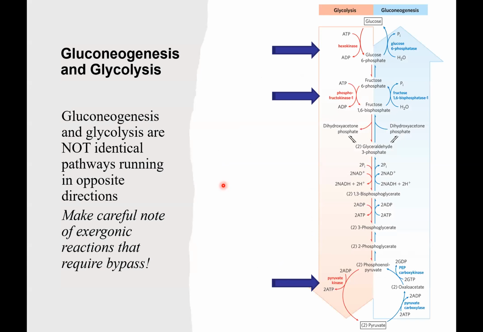So here is the whole shebang, gluconeogenesis and glycolysis. So as already noted, it is very important to recognize that these are not just identical pathways running in opposite directions. And here in this figure are clearly identified the three exergonic reactions in glycolysis and the reverse strategies on the part of gluconeogenesis.